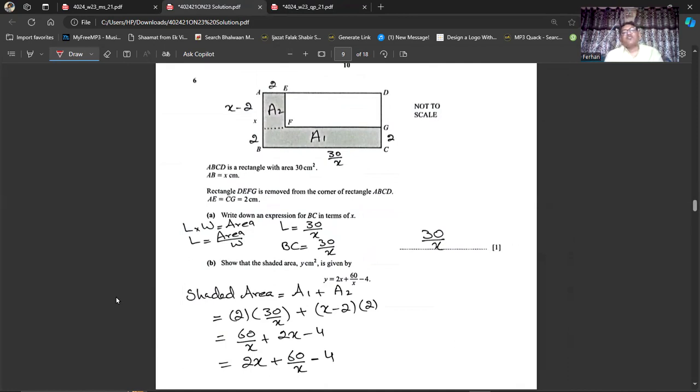So you will have 60 by x plus 2x minus 4. Just rearrange this expression and you will have 2x plus 60 by x minus 4. This is what you have to show. I hope you understand. The shaded area was y, so y is equal to 2x plus 60 by x minus 4.